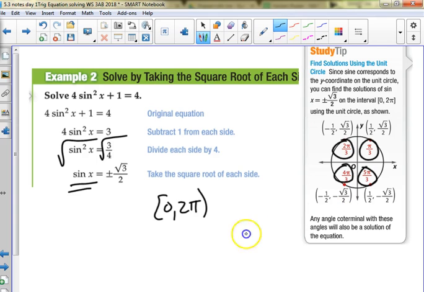Okay. If it said all solutions, any ideas? Yeah.